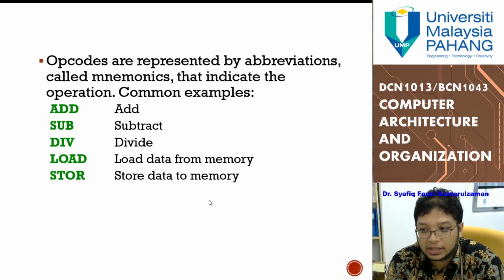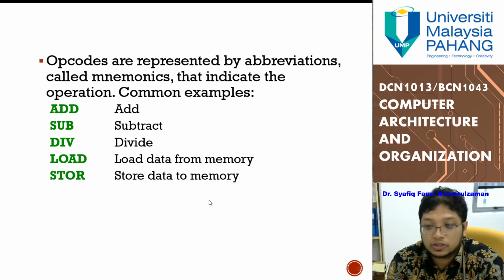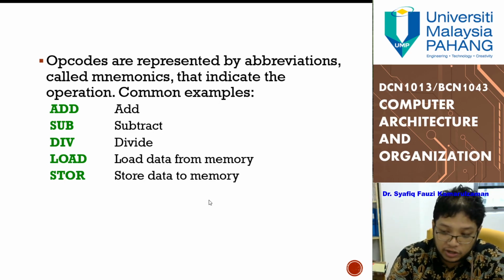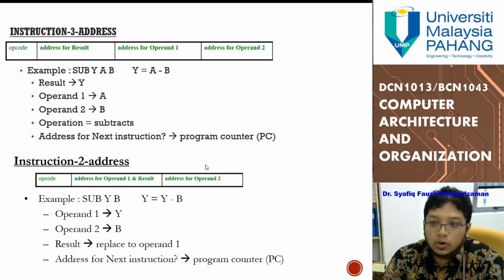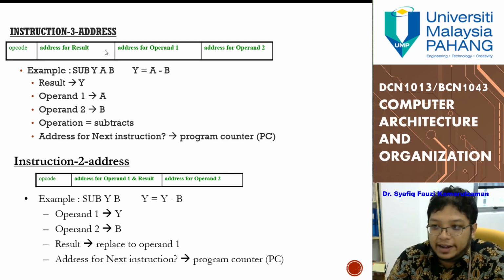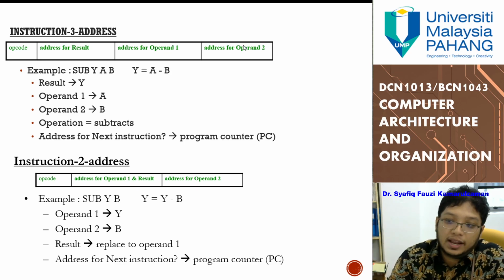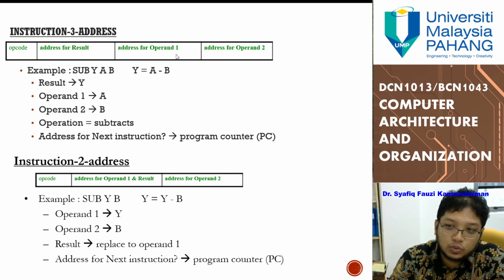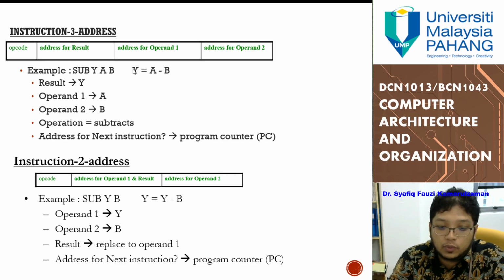Load means load data from the memory. Store means store data to a memory location. Let's take a look at a longer instruction code based on 3 addresses. Here you have the address of the result first, and then operand 1 and operand 2. Say you want to do the operation y equals a subtract b.